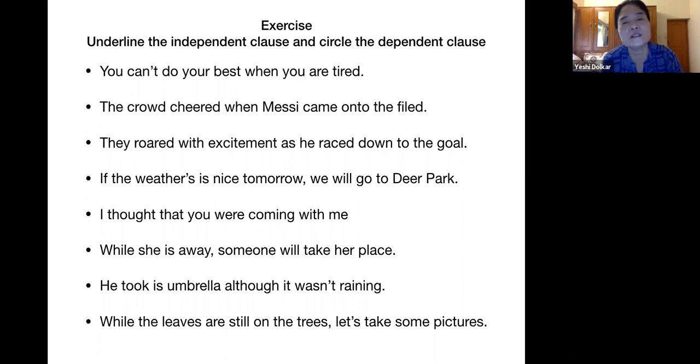So this is the significance of differentiating between an independent clause and a dependent clause.